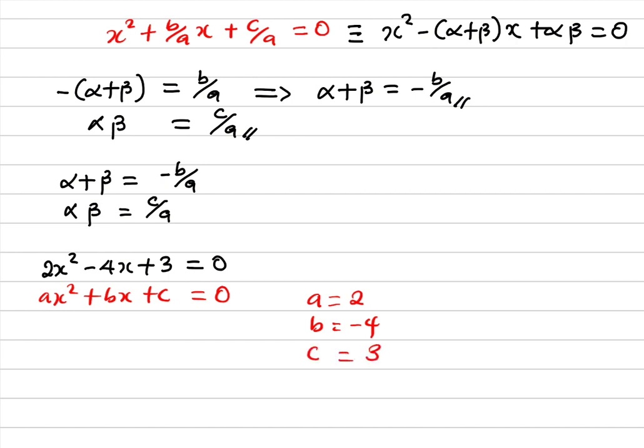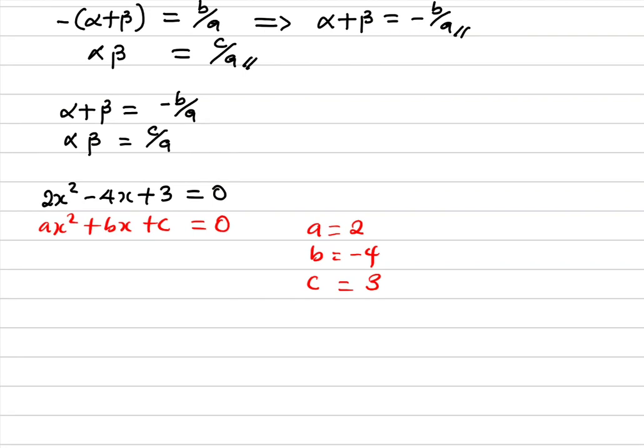All right, very simple. So therefore, I can get my alpha plus beta, which is minus b over a, will be minus into minus 4 over 2. And of course, the answer is minus into minus 2.